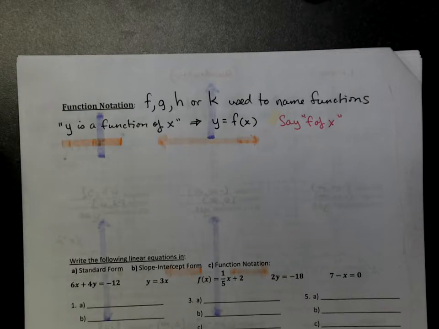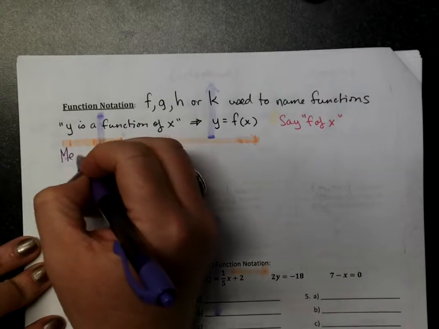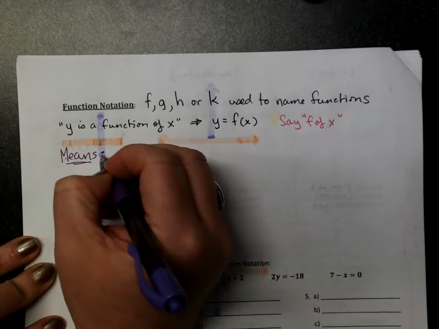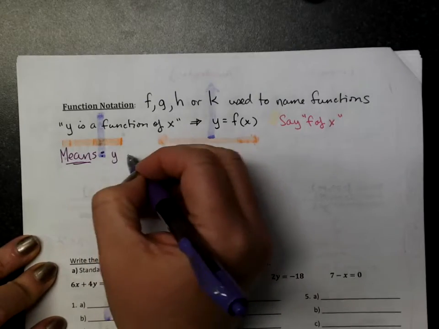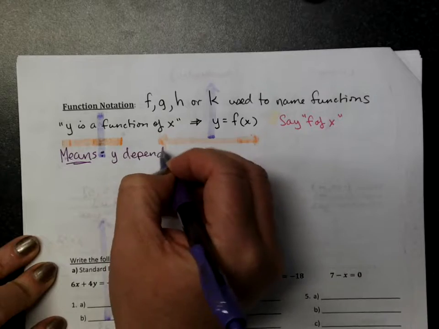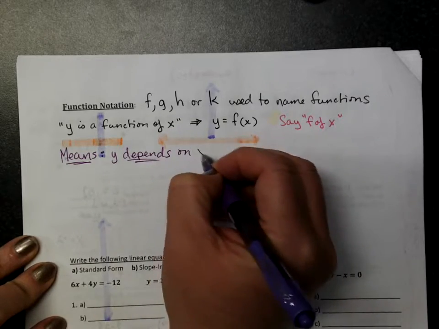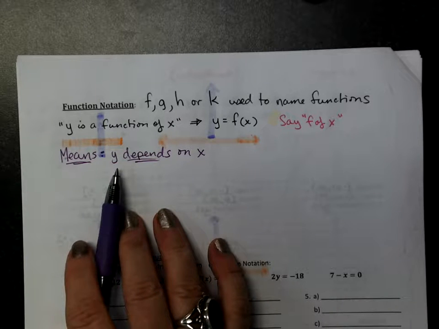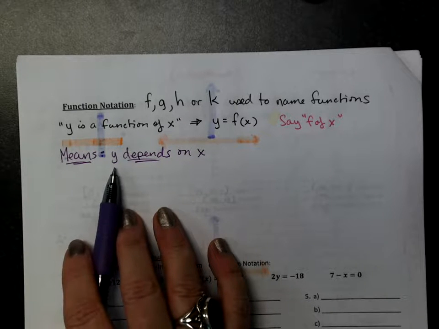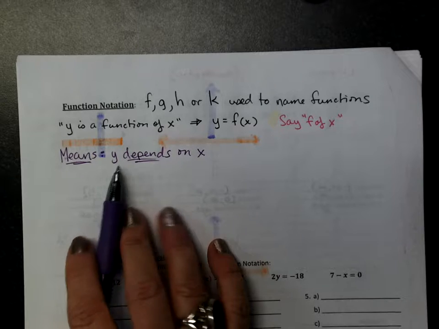Now what this means is that y depends on x. Y is the value of the function. What is the function worth? Well, I don't know. It depends on x.